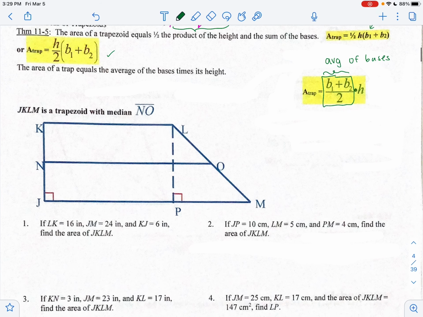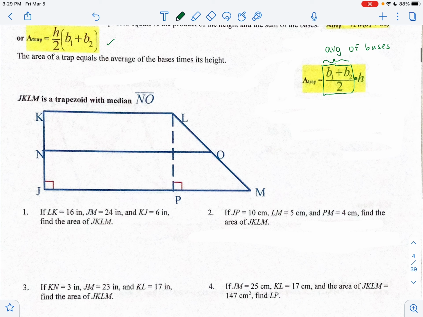So let's take a look at some questions down below here. JKLM is a trapezoid with a median of NO. And a median simply cuts across the trapezoid at the midpoint of the legs. So in this case, the median is this segment right here.